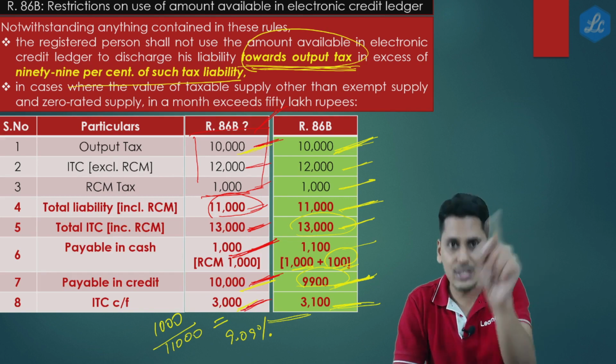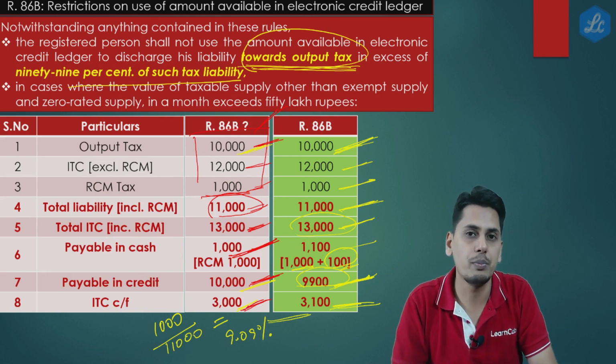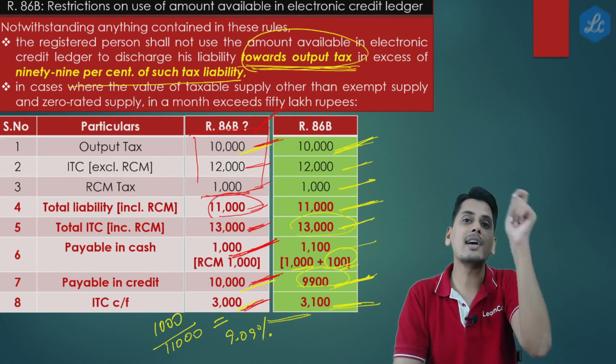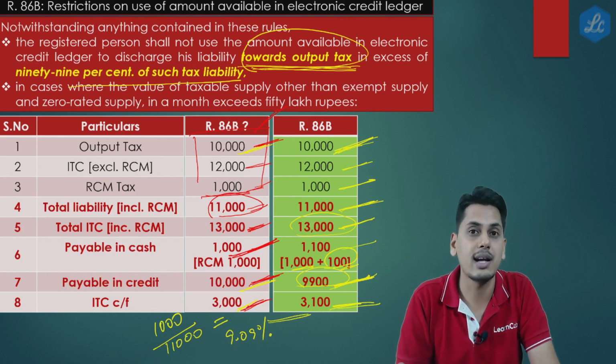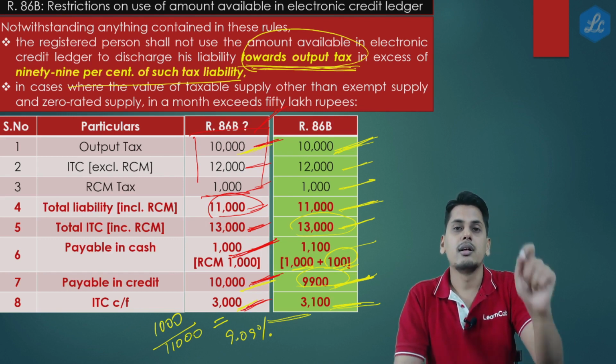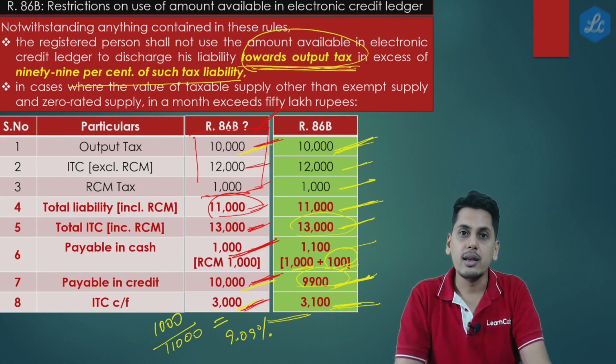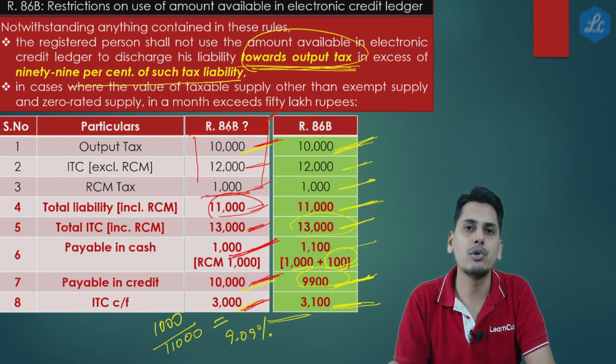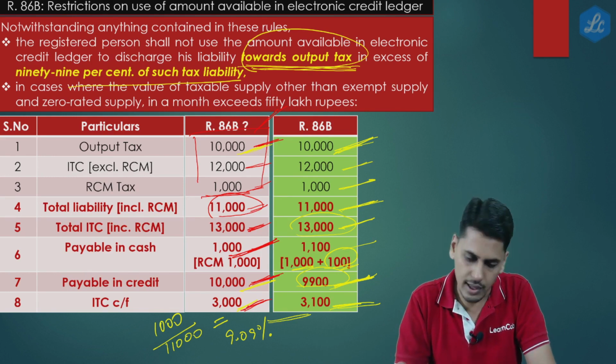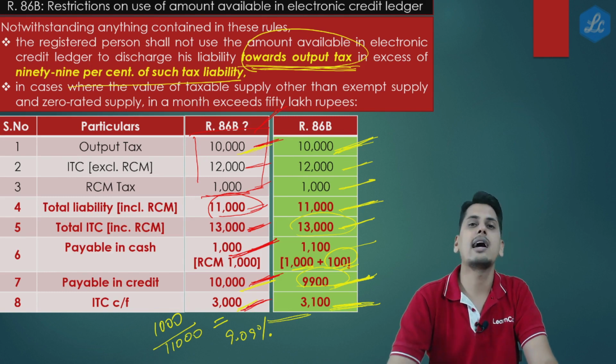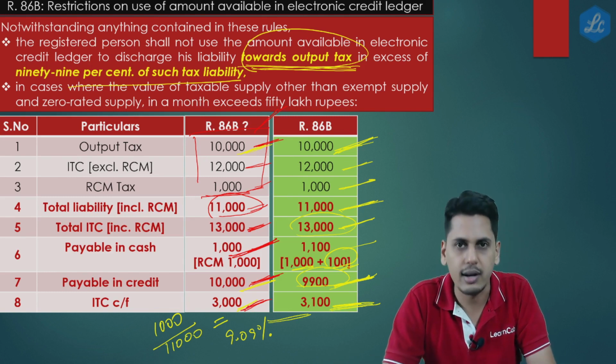The additional cash which you have invested, rupees 100, is because of rule 86B. So therefore, here you will have an ITC carry forward of 3,100.